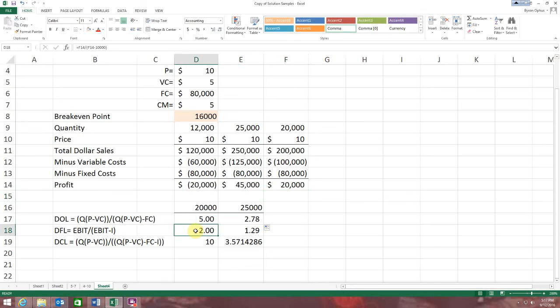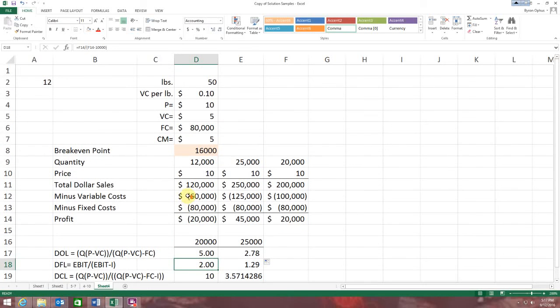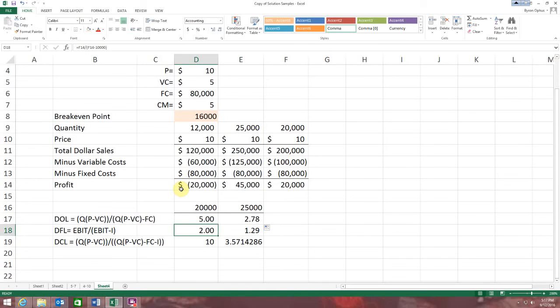Degree of financial leverage is simply equal to my EBIT, earnings before interest and taxes. Okay. And where's my interest? Does it give it to me? Oh, $10,000. Okay, so my earnings before interest and taxes, which is going to be my profit, divided by my earnings before interest and taxes minus my interest.